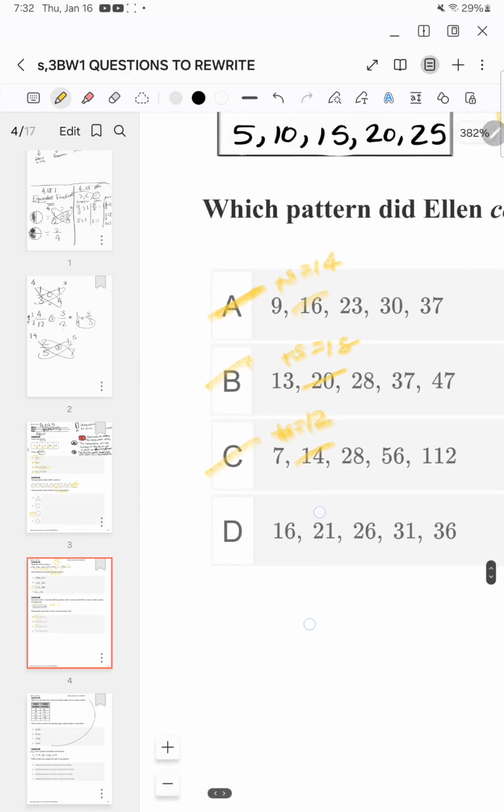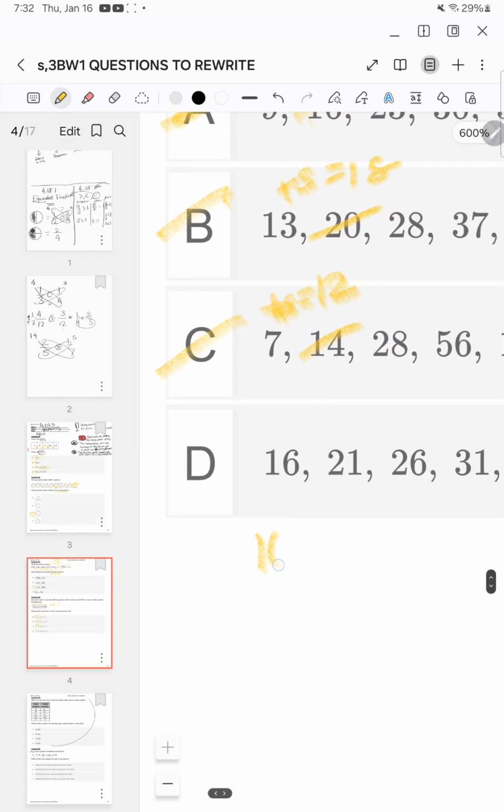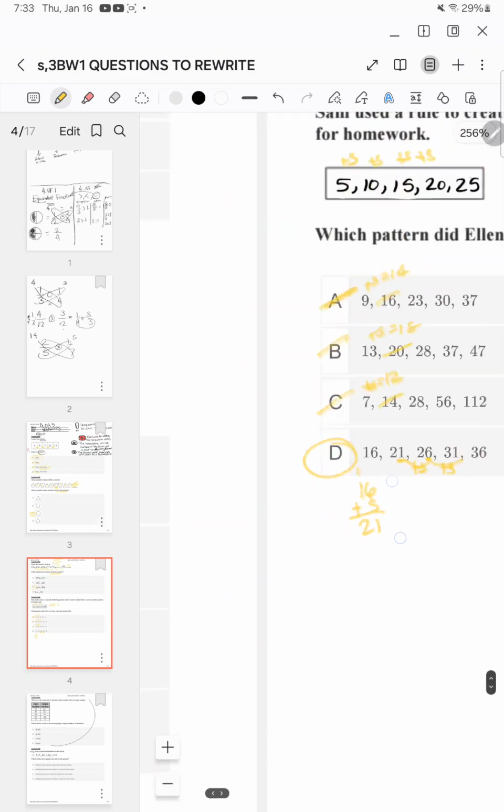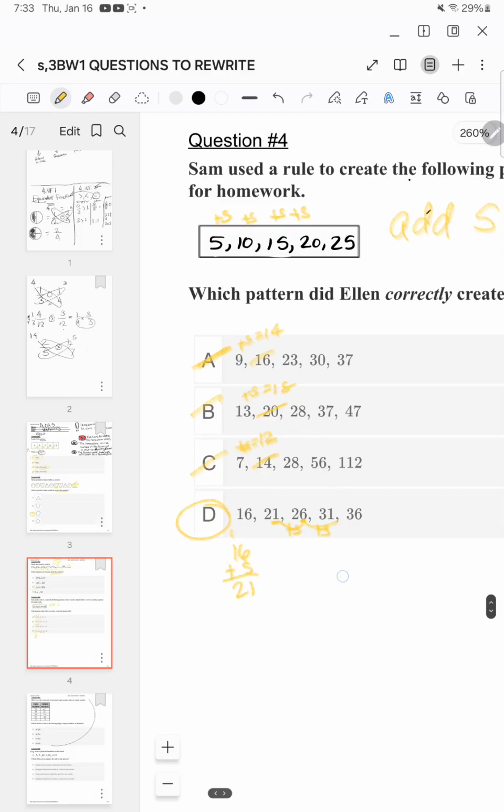This is also wrong. But let's look here. 16 plus 5, 11 carry 1, that is 21. And then 21 plus 5 does equal 26. And 26, so I can see they are adding 5 over and over again, and this will be the only one that matches the rule, which is to add 5.